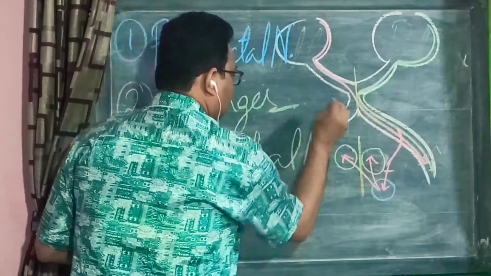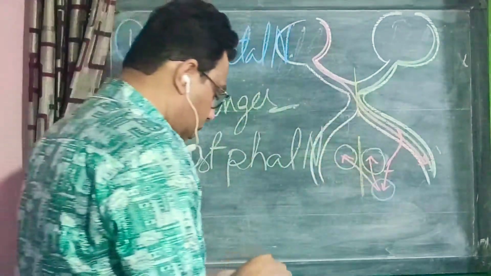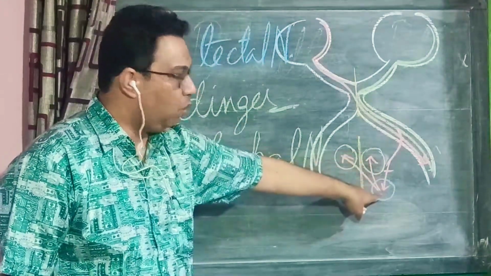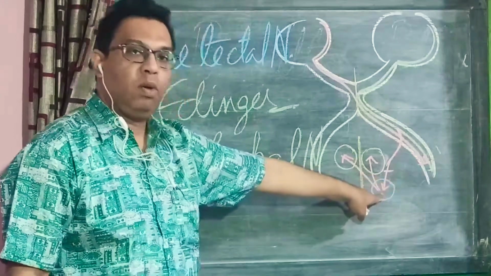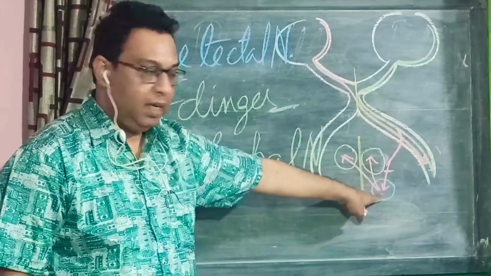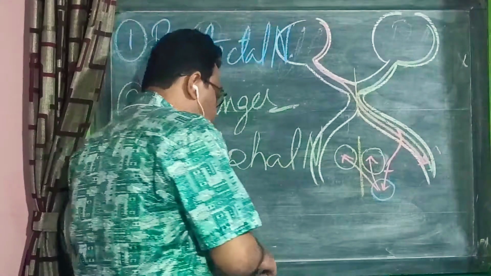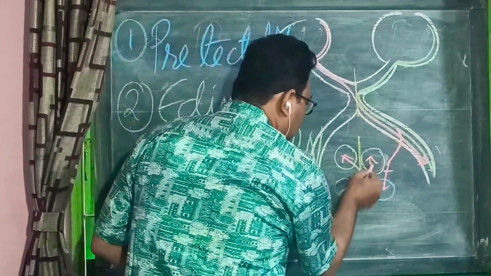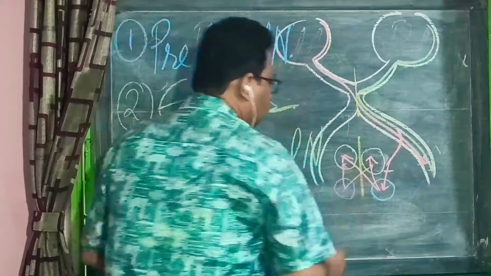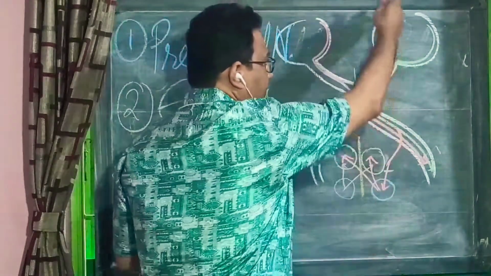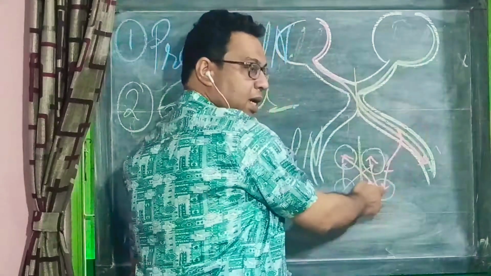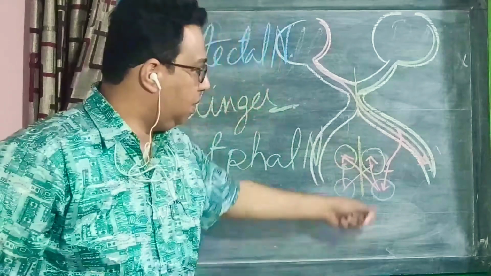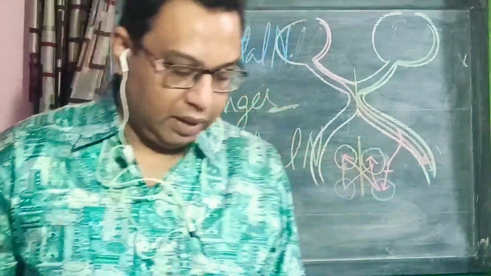So there is bilateral innervation from one pretectal nucleus. The same is also true for the other side. So light falling here will be sent to the pretectal nuclei, and this pretectal nucleus will stimulate the Edinger-Westphal nuclei on both sides.